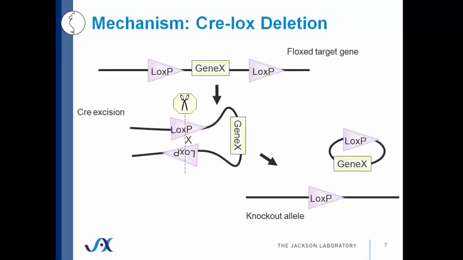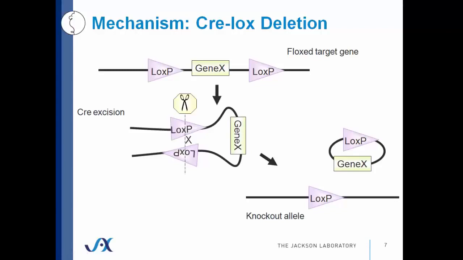As I said, the most common use for Cre-lox is for deletion, and this is a diagram that outlines how it works. The two components here are a LOXP flanked gene, or a portion of a gene of interest, where those two LOXP sites flank that gene of interest, and they're in the same direction. That sort of a strain is created the same way any targeted mutation would be created.